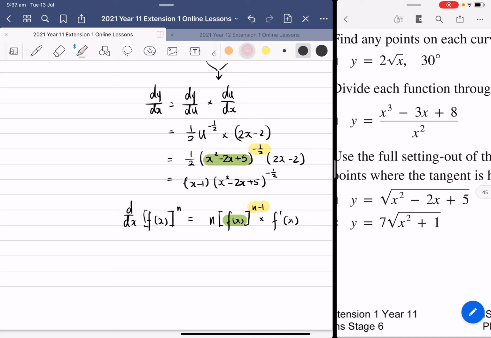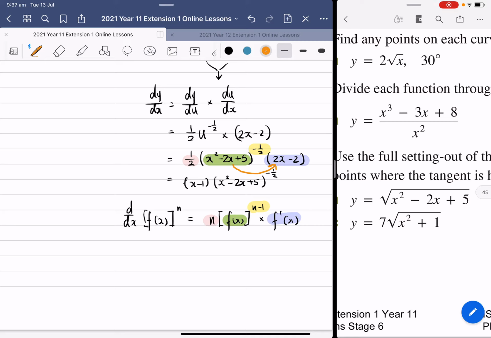Then of course you move the half to the front, that's what n is equal to. At the end, the most important part is the chain bit, which is the 2x minus 2, and that is the derivative of what's inside the bracket. The derivative of x squared minus 2x plus 5 is 2x minus 2, and that's where the chain is.